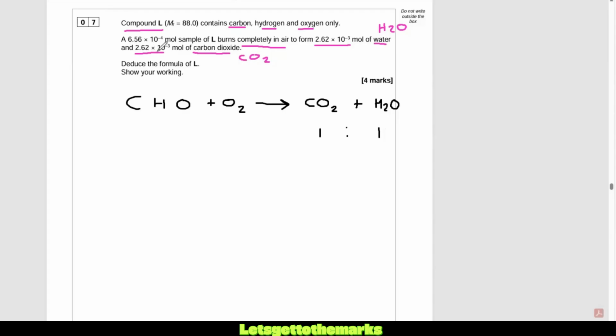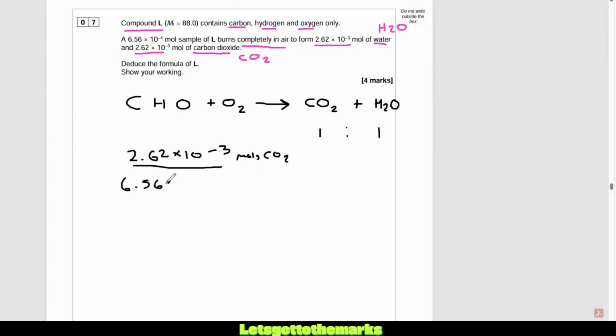So what's their ratio to compound L? Well, we can do that by dividing the larger moles, which is 2.62 times 10 to the minus 3, by 6.56 times 10 to the minus 4, the smaller amount of moles of L.